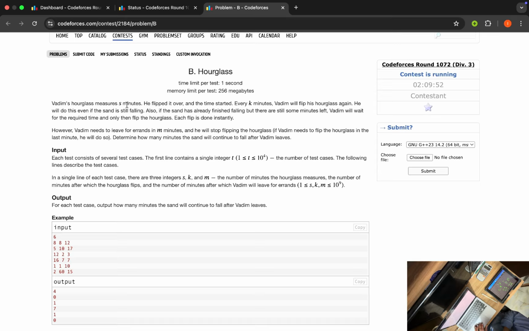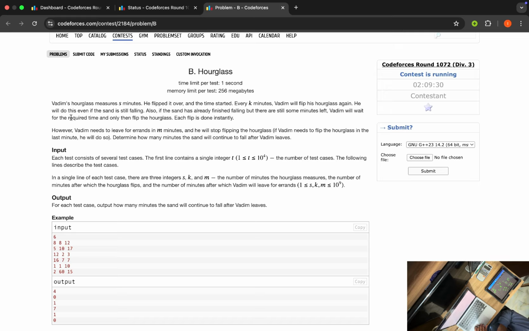Vadim's hourglass measures s minutes. He flips it over, and the time starts. Every k minutes, Vadim will flip the hourglass again.